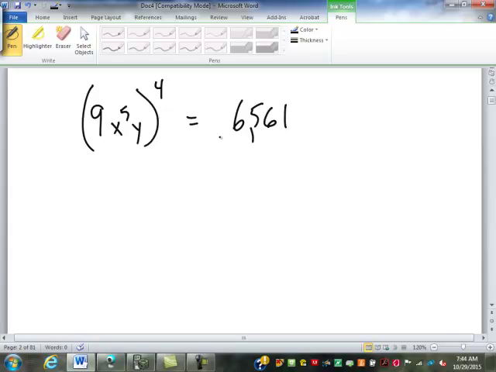Okay, then what do we do? X to the 20th, where did that come from? X to the 5th to the 4th power, you multiply the powers. So 5 times 4 makes 20. And then y to the 4th. Good. This is thought of as y to the 1, and 1 times 4 makes 4.